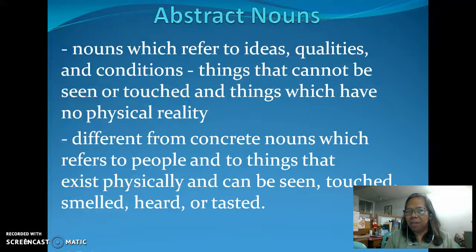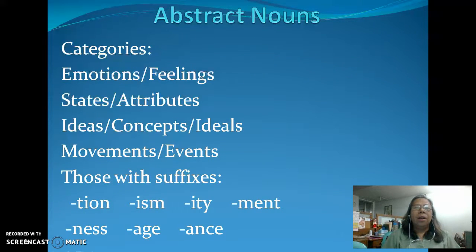So, we're going to study abstract nouns, and I hope that at the end of the lesson, you would be able to differentiate them from concrete nouns. Now, abstract nouns may be categorized into different categories. One of them is under emotions or feelings, under states and attributes, or they may be categorized as ideas, concepts, or ideals.